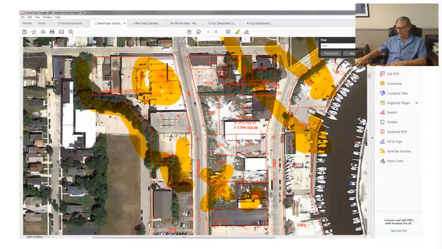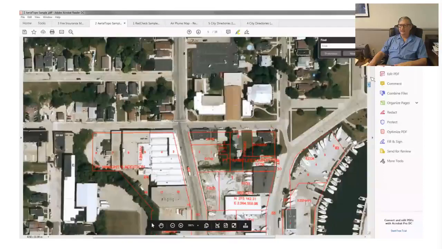So I'm going to mark this down, and this becomes fact number 9 for potential vapor intrusion from adjacent site due to the creek or ditch or culvert or whatever you want to call it. I think we're going to find out more about this as we go along.